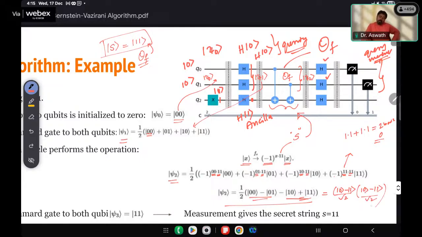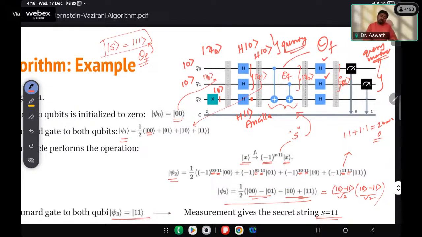So when you act a Hadamard on this, what will you get? Sorry, psi 3 at this point is simply ket 1 1. So that is what you are getting, psi 3 is 1 1. So you just measure the query part and you will get the S string. So this is how this circuit works.